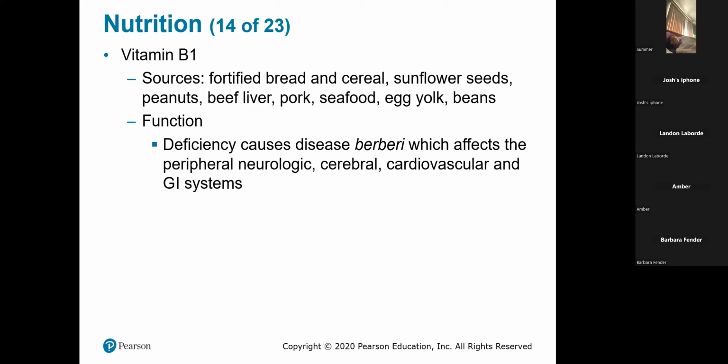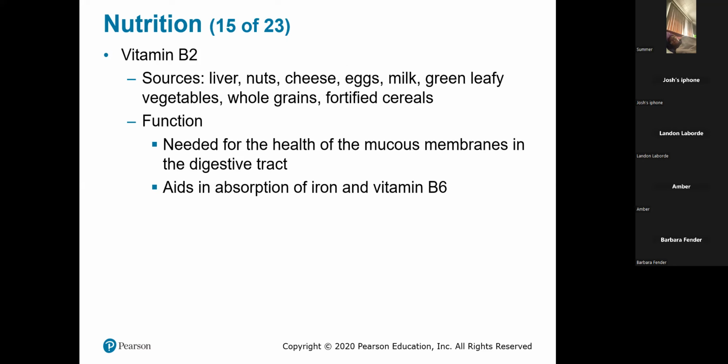So as you can see, we need our B1. B2 comes from liver, nuts, cheese, eggs, milk, green leafy vegetables, whole grains, and fortified cereals. It functions for the health of the mucous membranes in the digestive tract and also aids in the absorption of iron and B6.